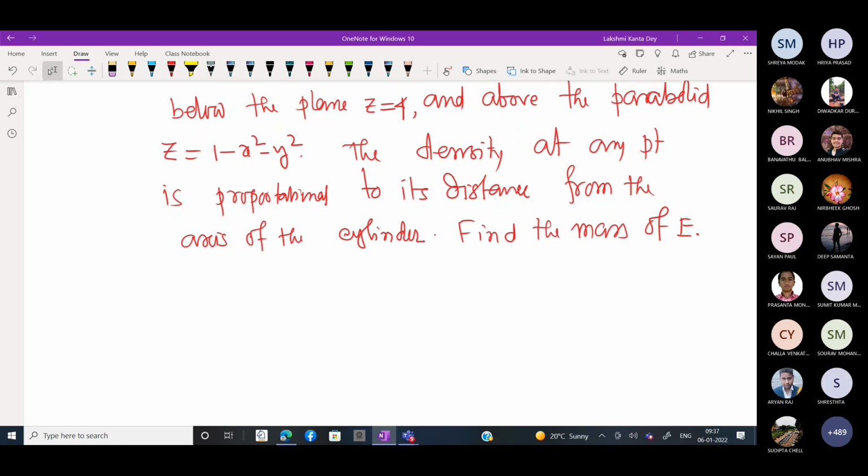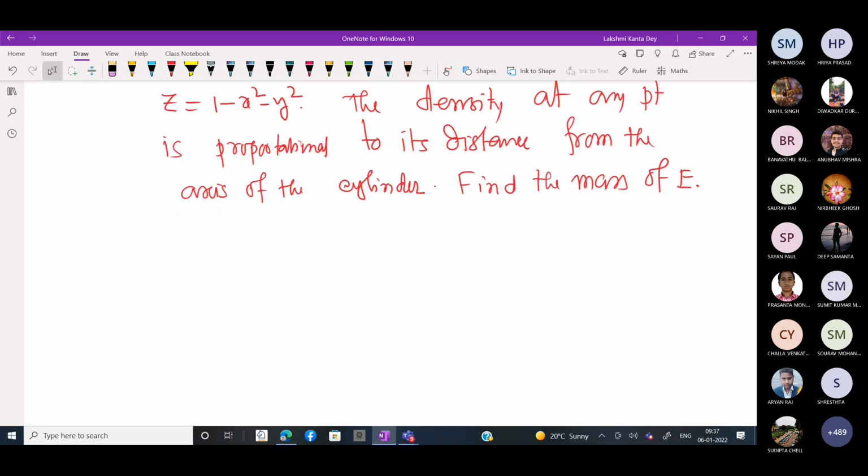So what happens here, if we try to draw the picture, say for example, this is 0, 0, 1.